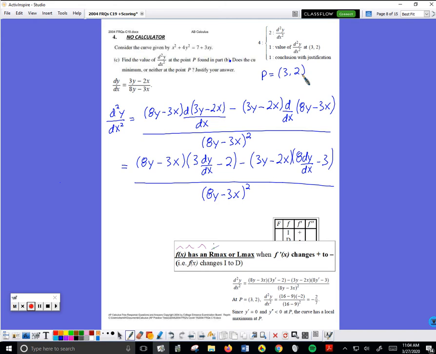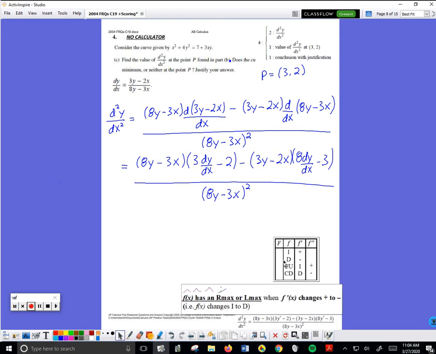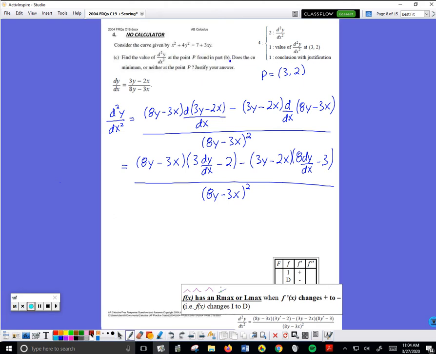So that means at that point, dy/dx will equal 0, because dy/dx means the slope. So I'm trying to find the second derivative at (3, 2). So plug it in.